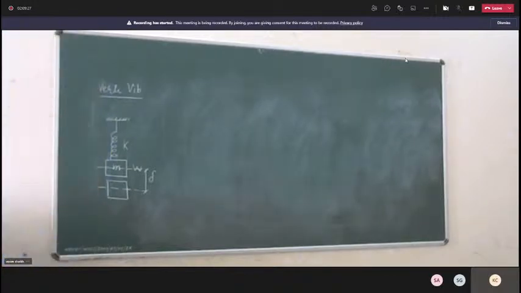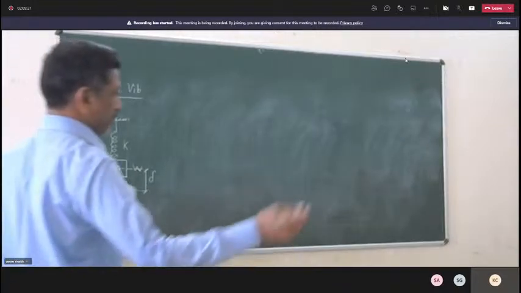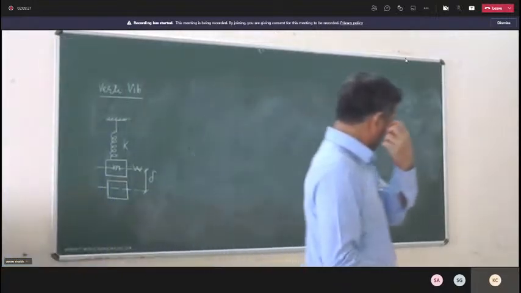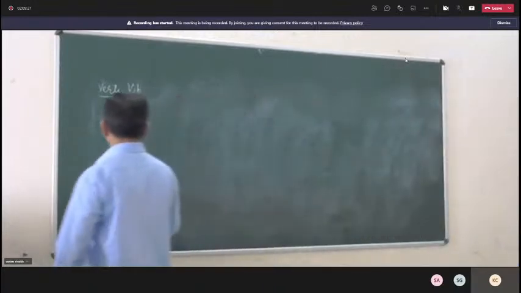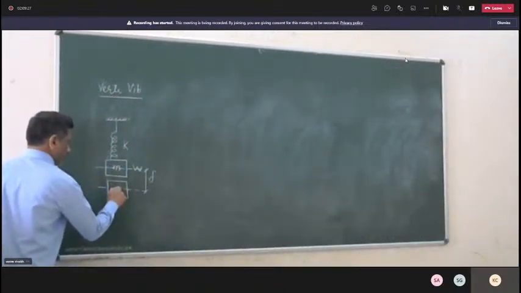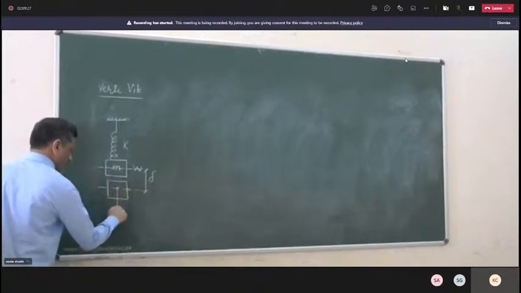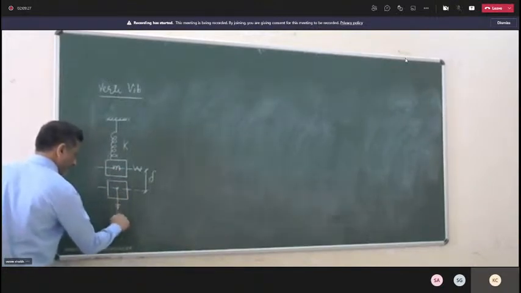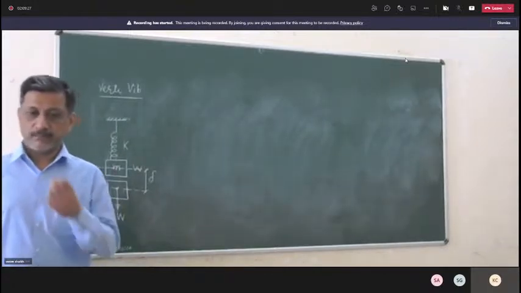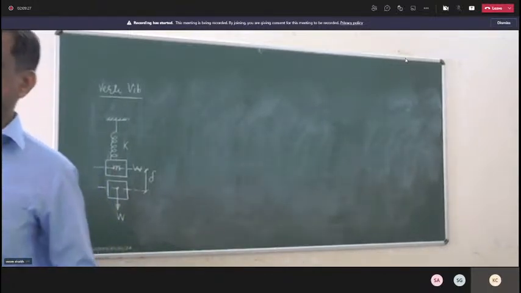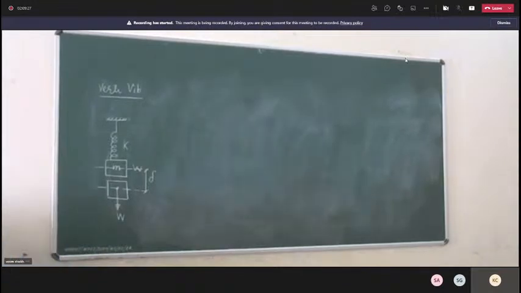So mention that in vertical vibrations, due to the weight of the system, the spring will have an initial elongation delta.